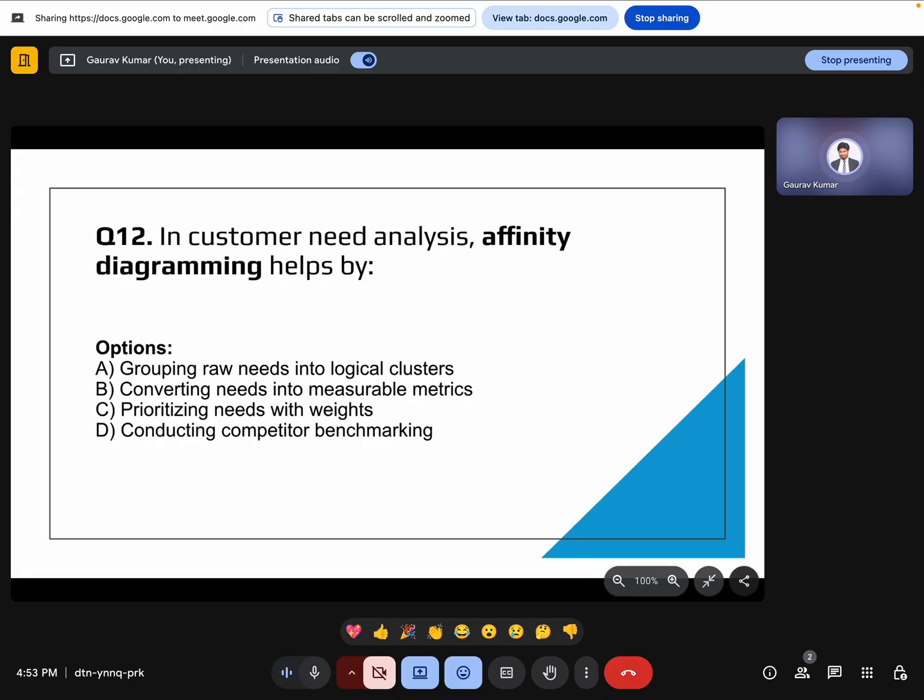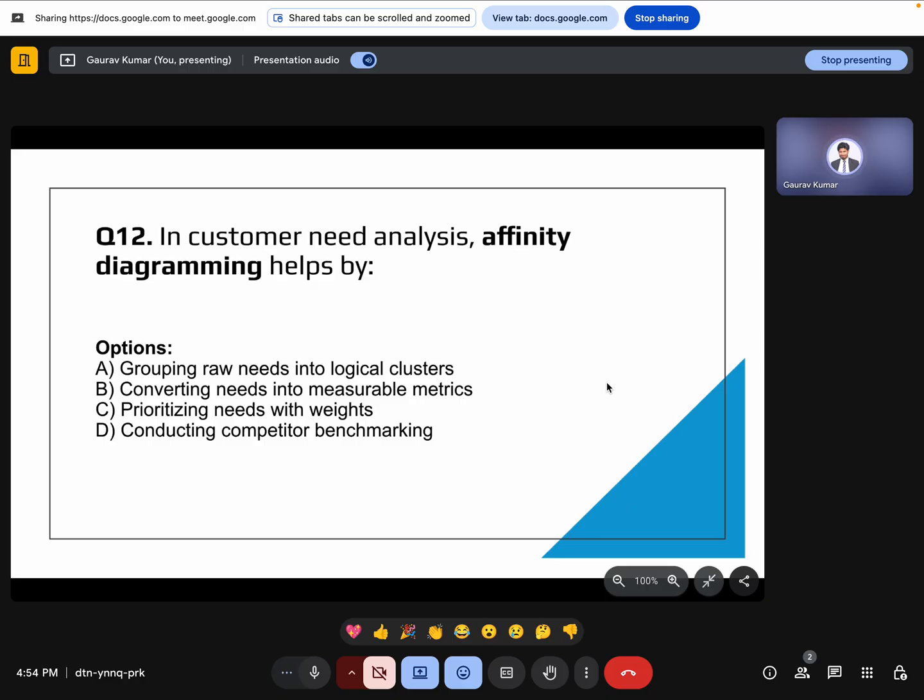So affinity diagrams are a simple but powerful method to reduce complexity. They transform dozens of scattered inputs into clear clusters, making it easier to identify patterns. So the correct answer is grouping needs into clusters.